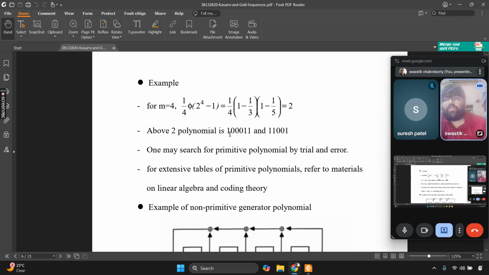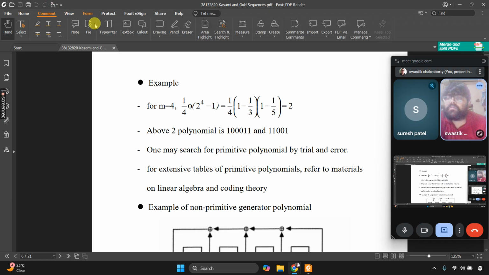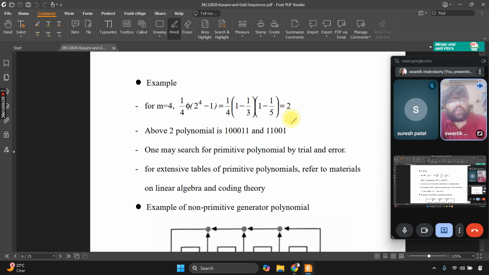So the two polynomials are, one is 1 plus x plus x5, and another is 1 plus x cube plus x4.